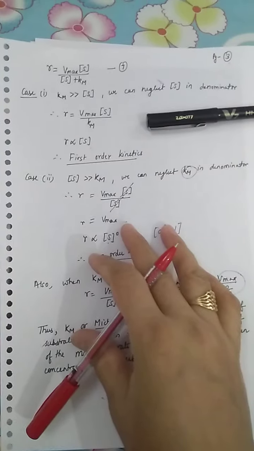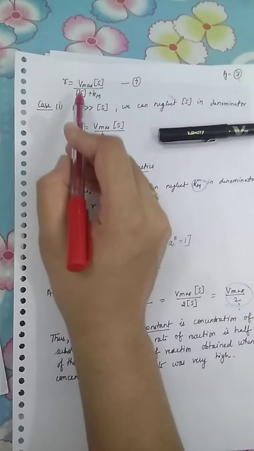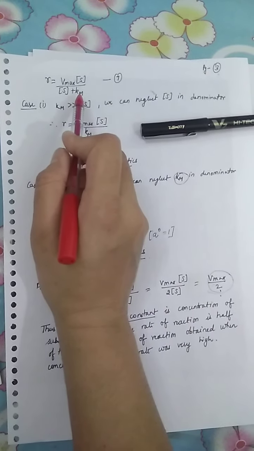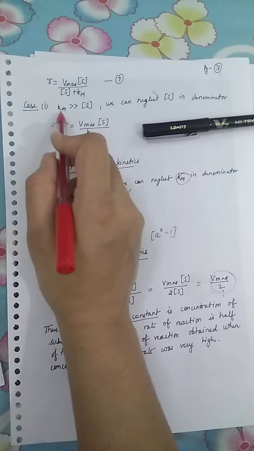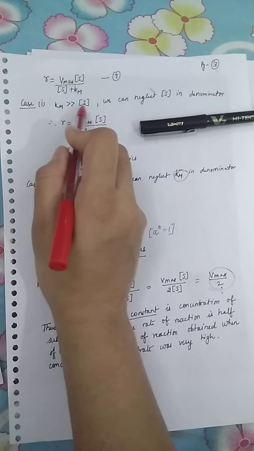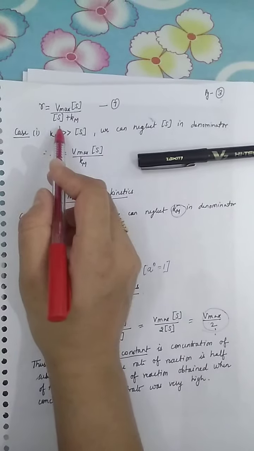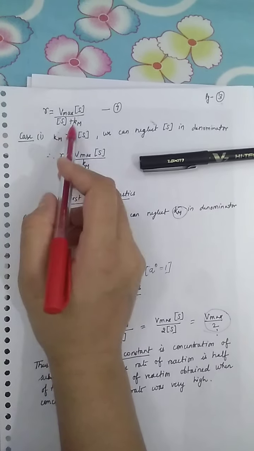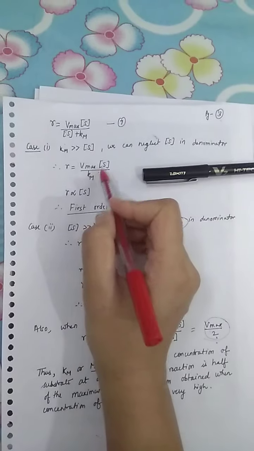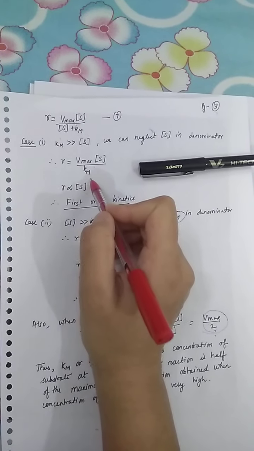In our denominator we have two terms, that is substrate concentration plus Michaelis constant. The first case we are considering is where our Michaelis constant is much greater than our substrate concentration, so we can neglect the substrate in the denominator, and the remaining term will be R equal to Vmax substrate concentration divided by Km.